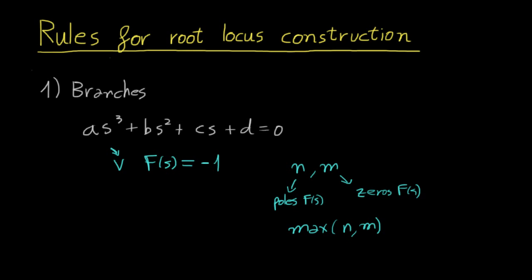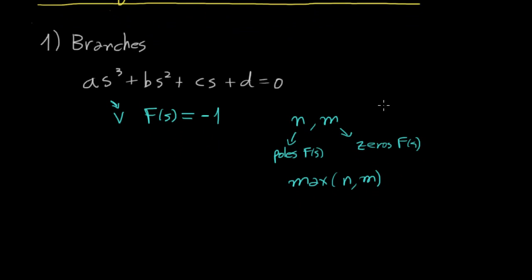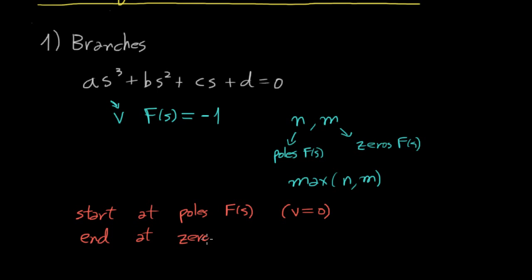Also, we know that branches start at the poles of f of s, where v is equal to 0, and the branches end at the zeros of f of s, where v is equal to either plus or minus infinity.